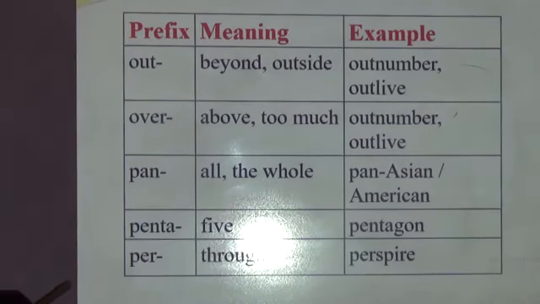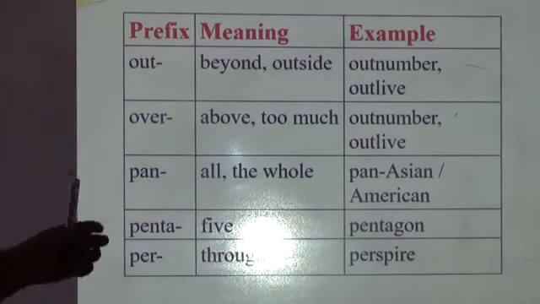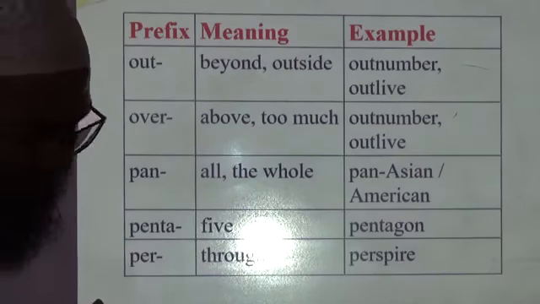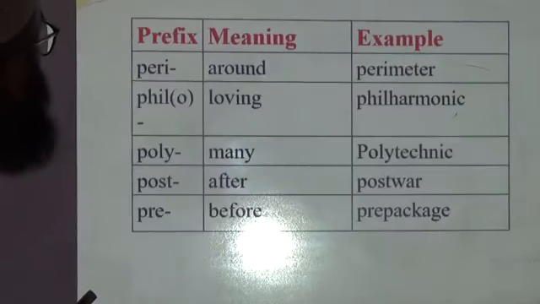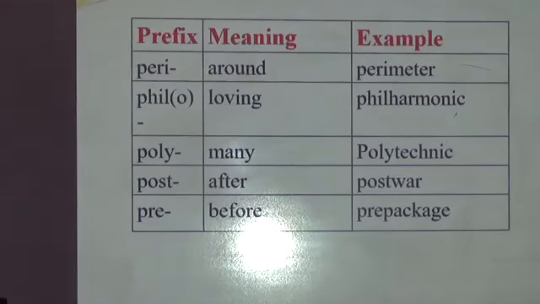Pentagon, hexagon, heptagon, octagon. Per, through. Peri, round. Perimeter. Perimeter means the boundary, diameter means across.